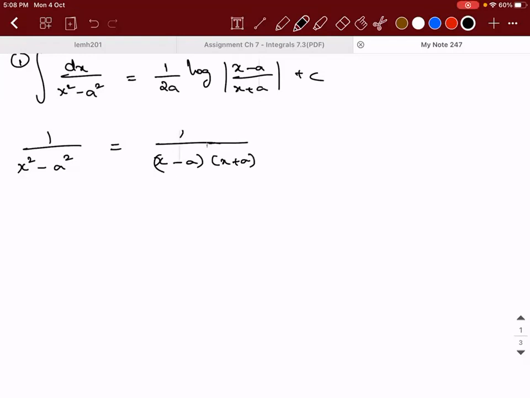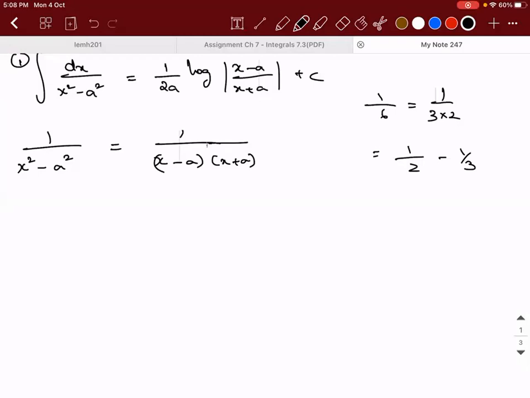Correct? See, 1 by 6 can be written as 1 by 3 into 2. Can I write this as 1 by 2 minus 1 by 3?